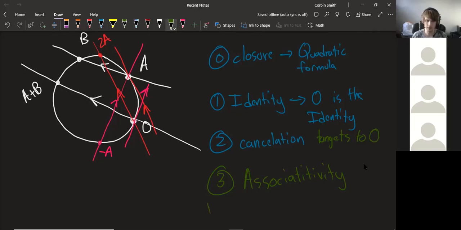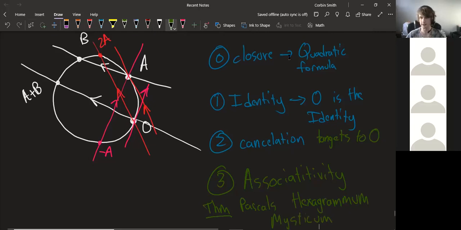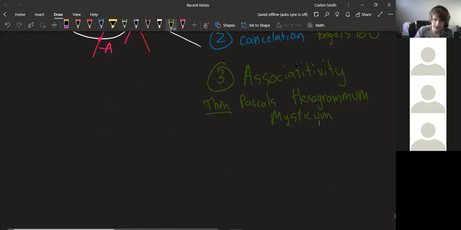So I'm going to invoke a theorem called Pascal's hexagrammum mysticum. And I don't think Pascal actually proved this, but this is a generalization of Pappus's theorem.